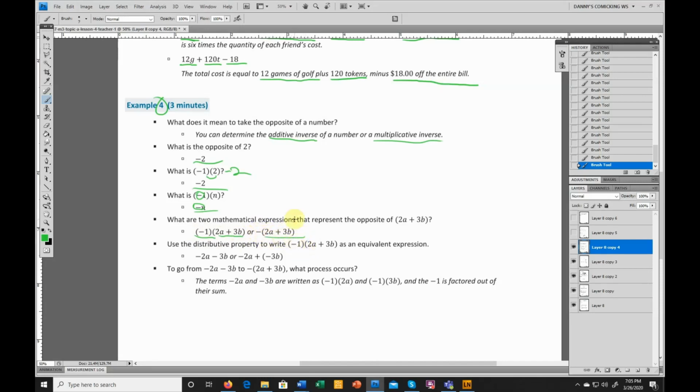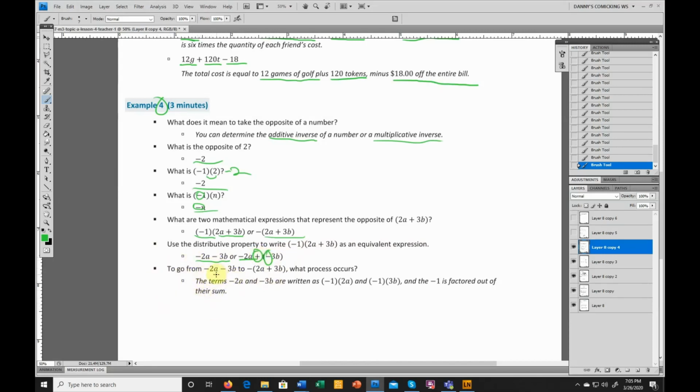Either one will work. Use the distributive property to write minus 1 times the quantity 2a plus 3b as an equivalent expression. Minus 2a minus 3b, or minus 2a plus minus 3b. And remember your parentheses on that.